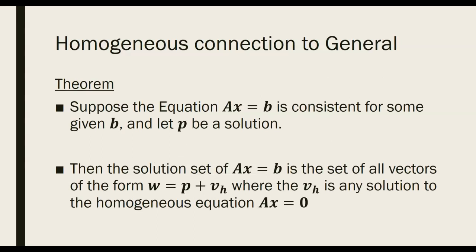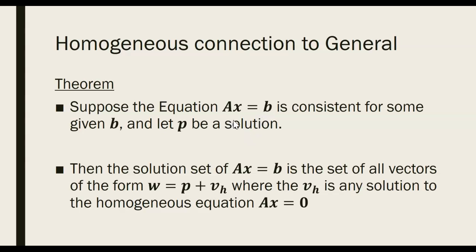Now here's the way that this is stated formally. It says, suppose we have a matrix equation which we call AX equals B, and suppose that's consistent, that means it has a solution, for some B, and let P be that solution. In other words, A times P gives you B. So P is a vector that you can plug in for X and make this equation true.